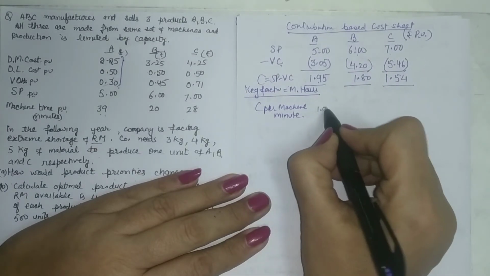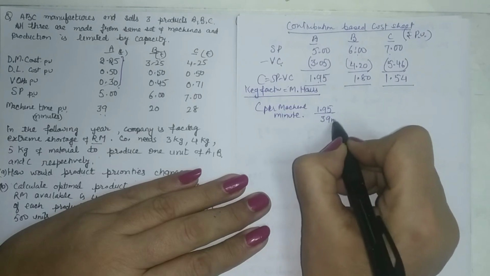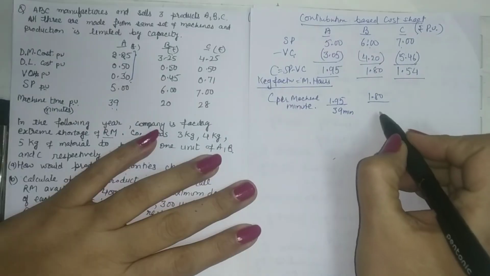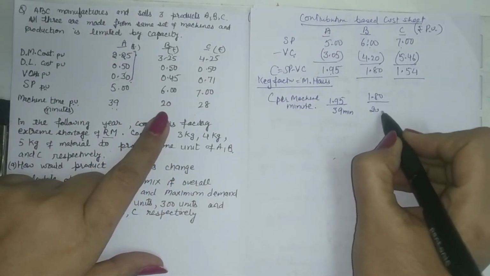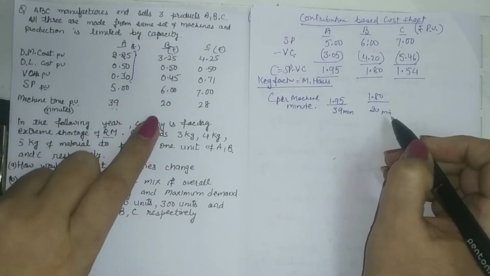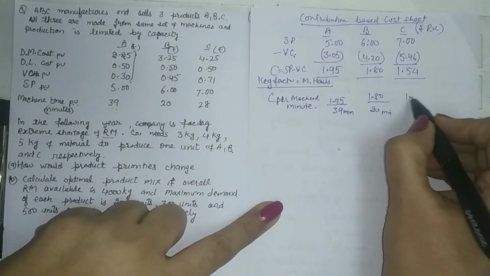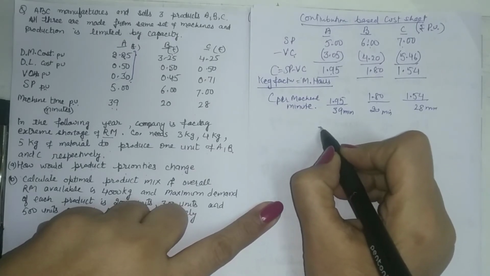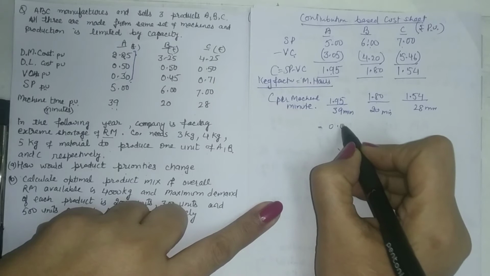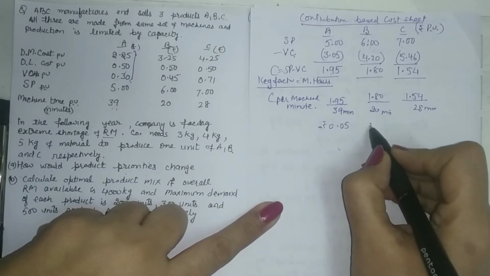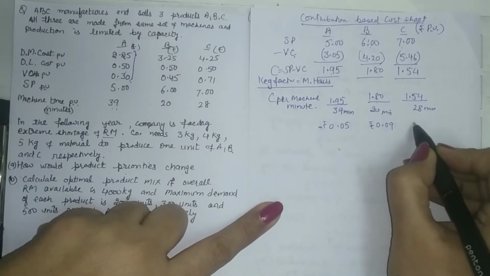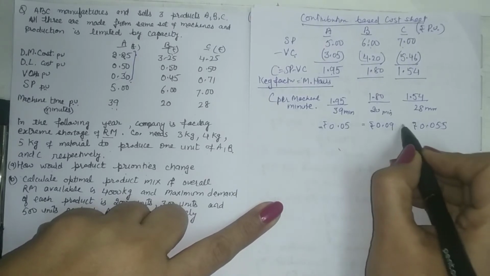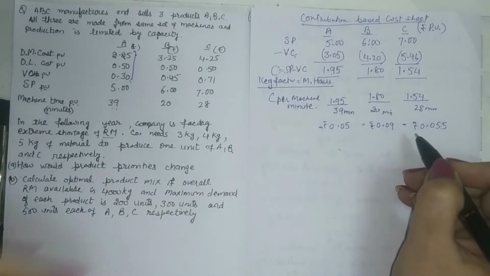So it will be 1.95 upon 39 minutes, 1.80 upon 20 minutes, that is the time it takes to produce B, and for C it is 1.54 upon 28 minutes. That means you have 0.05 rupees per minute, 0.09 rupees per minute and 0.055 rupees per minute of contribution for each of the products.